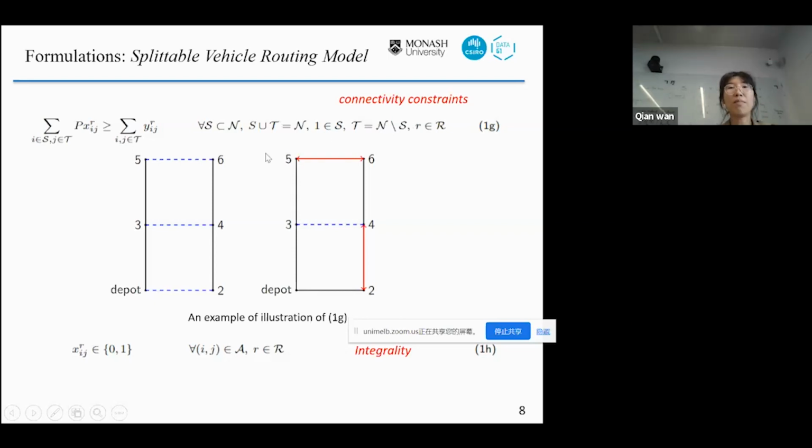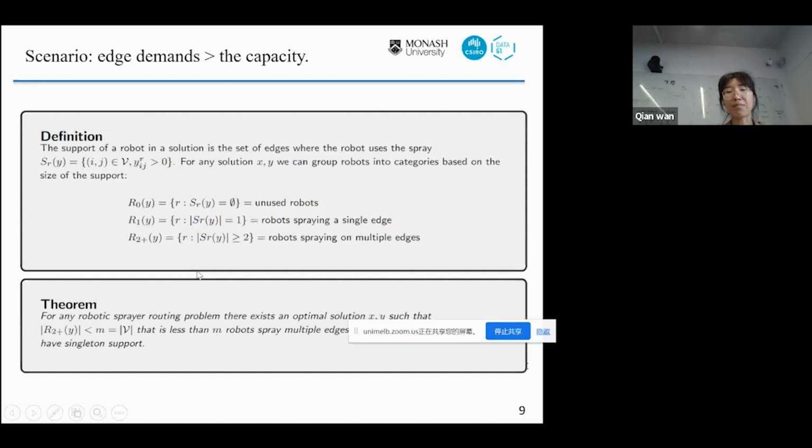But the small problem is that for these constraints, we need huge computation because we need to calculate the subsets of N. So if the size of the problem is very big, we need to calculate a lot of subsets.